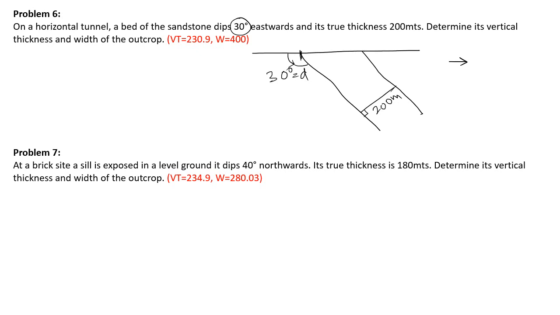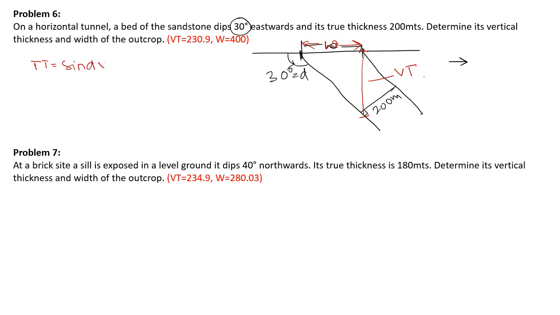This line's width can be measured on the ground here. In the same way, I'll drop a perpendicular to the ground, and this distance, if I measure, I'll get VT as well.